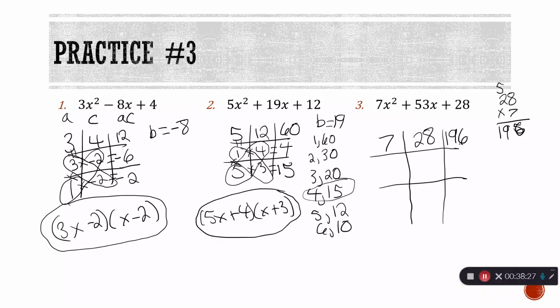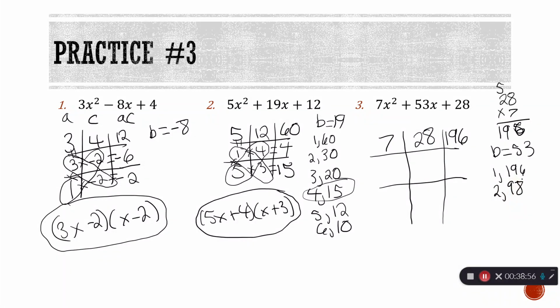Okay, so we got to get two numbers that multiply to 196 and add up to 53. So at least they're going to be positive and they're going to be the same sign. So that's easy. Just got to find stuff that adds up. Okay, so I'm thinking it's going to be in the middle. To get to 196, we know it's 1 and 196. Let's see here. 2 and 98.